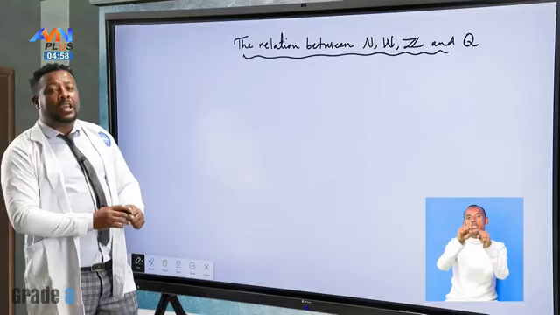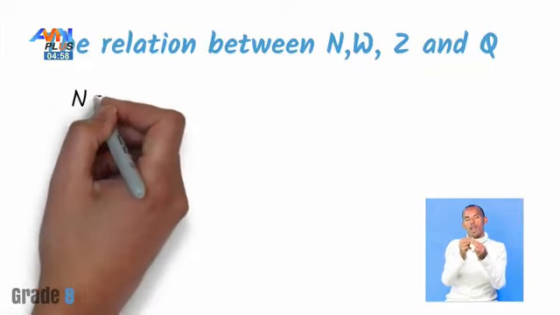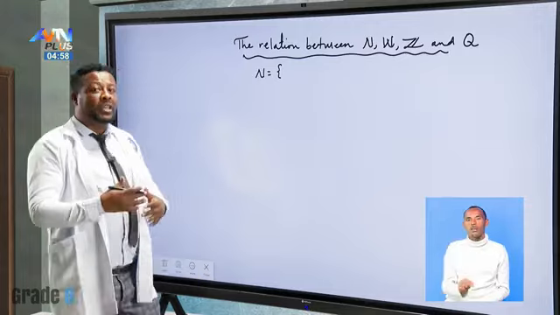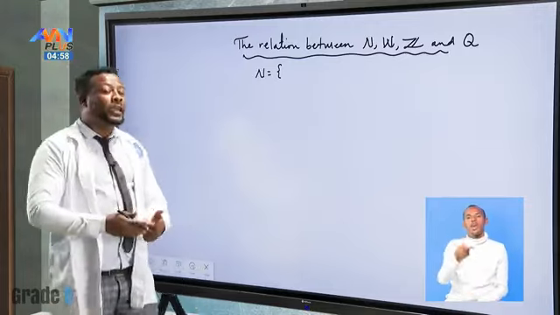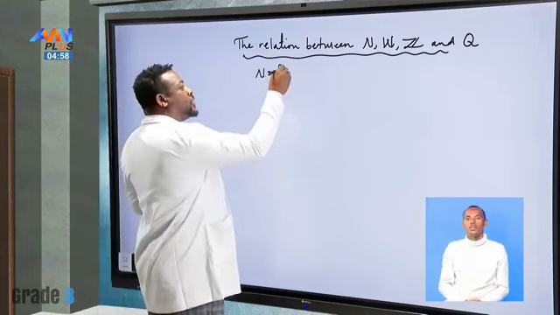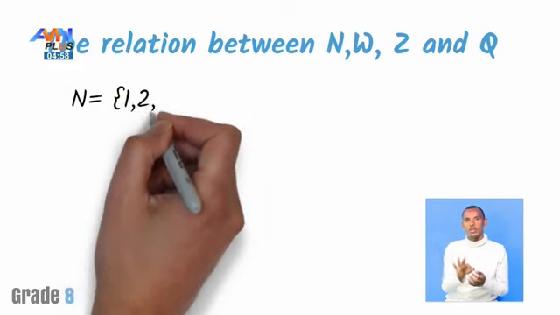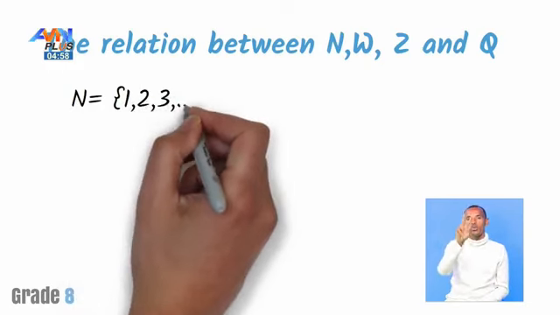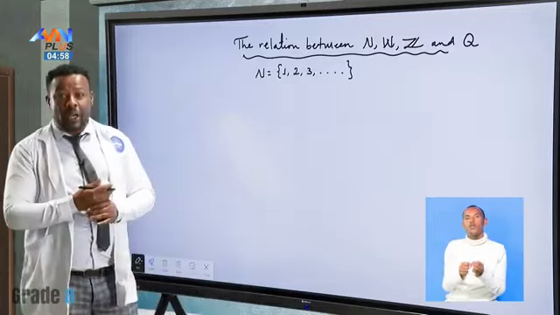The first set of number is the set of natural number. Do you remember what numbers the set of natural number contains? If you say 1, 2, 3, and so on, you are right. So the set of natural number contains numbers such as 1, 2, 3, and so on. Okay, this is the set of natural number.